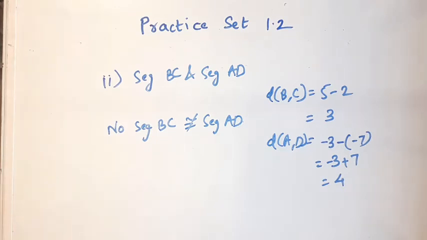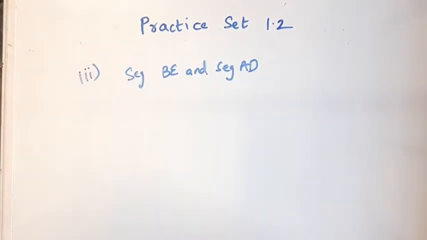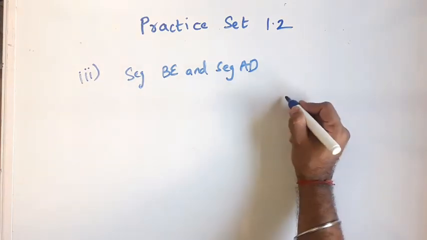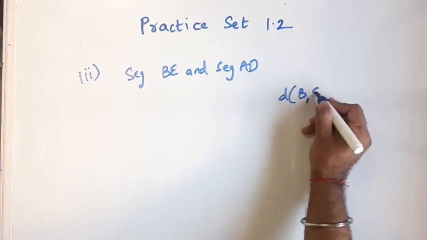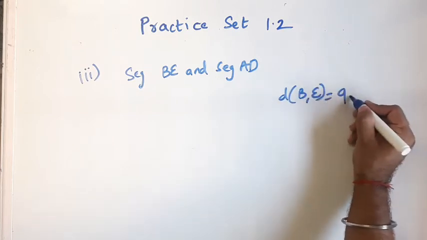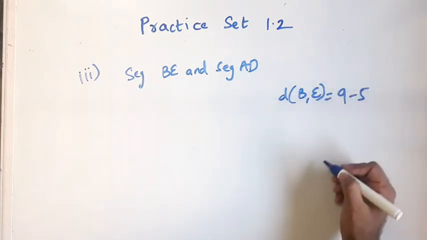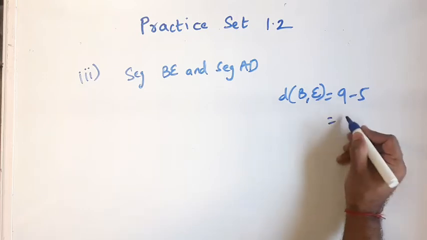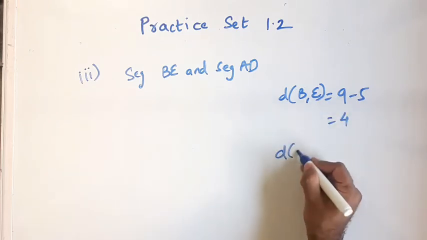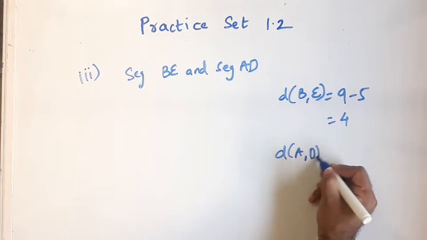Okay, then segment BE and segment AD. If you see BE, E is bigger, 9 minus B is 5, so 9 minus 5 is 4. And what about distance AD?